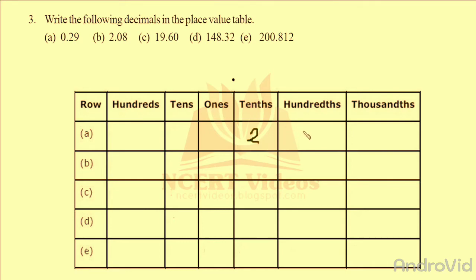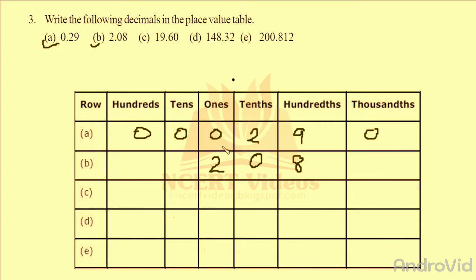So 0.29, just representing all the given numbers into this place value table. Second is 0.82, we have 0, 8 and 2 as a whole part. So likewise we'll do all of them.